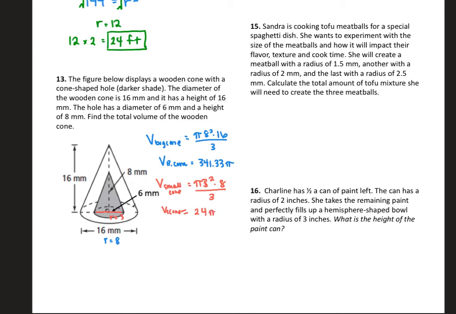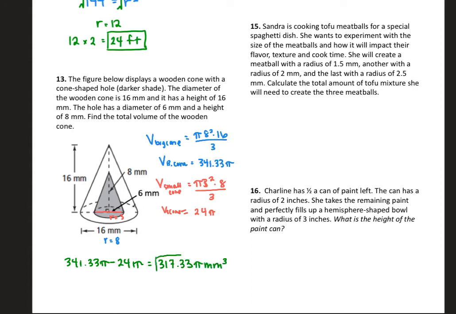So now to find the total volume, in this case it's a composite figure, which means we can either add or subtract, but since it's a figure inside of another figure, we are going to subtract these 2 volumes. So 341.33 pi minus 24 pi. So 341.33 minus 24 is 317.33 pi.